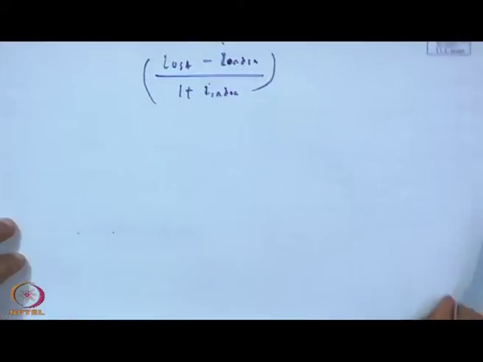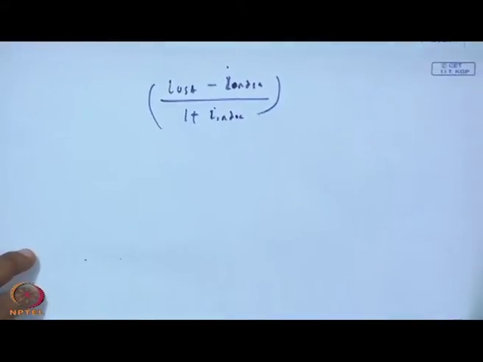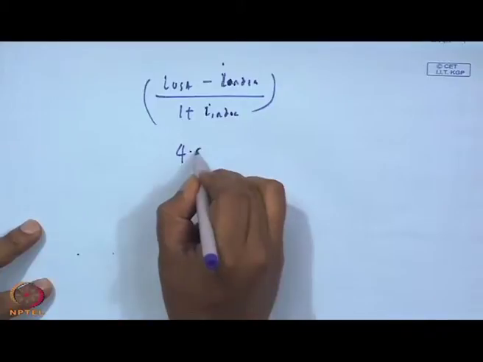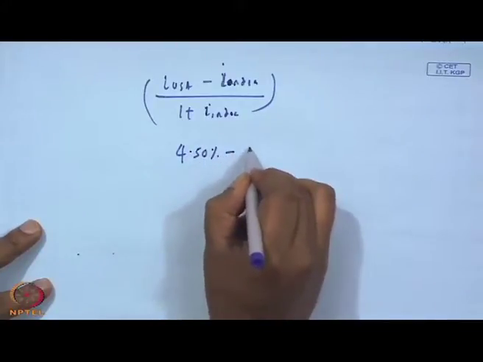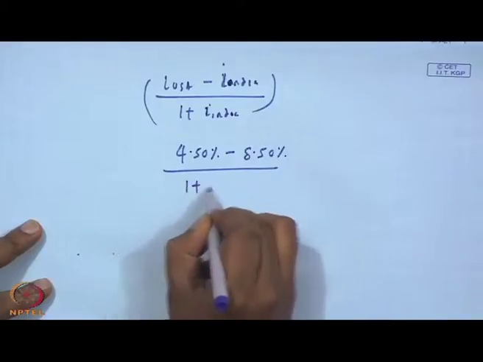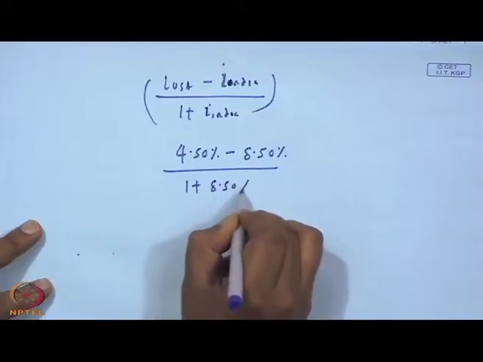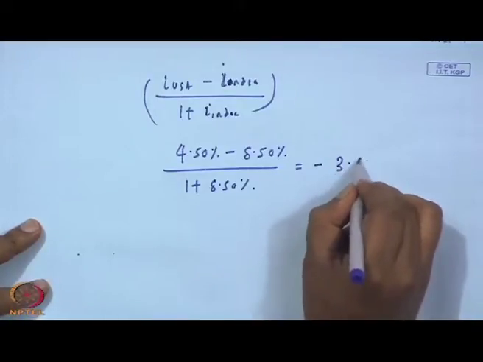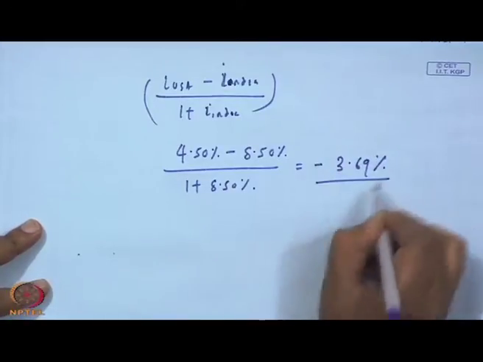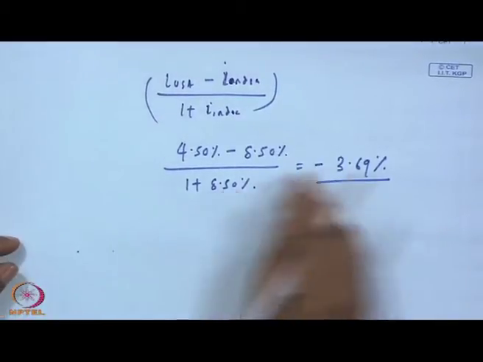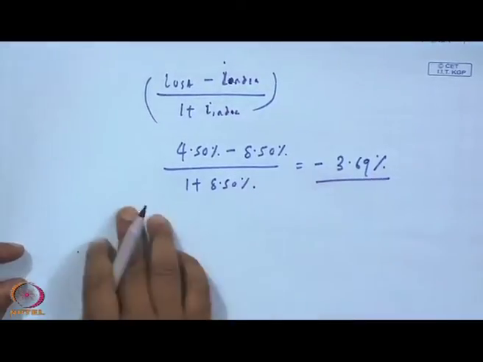So, the percentage change will be: US 4.5 percentage minus India interest 8.5 percentage, divided by 1 plus 8.5 percentage. That is coming to something around 3.69%. That is, rupee should depreciate in 1 year by 3.69%.